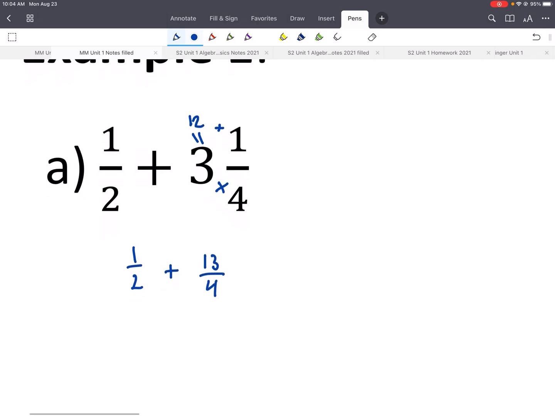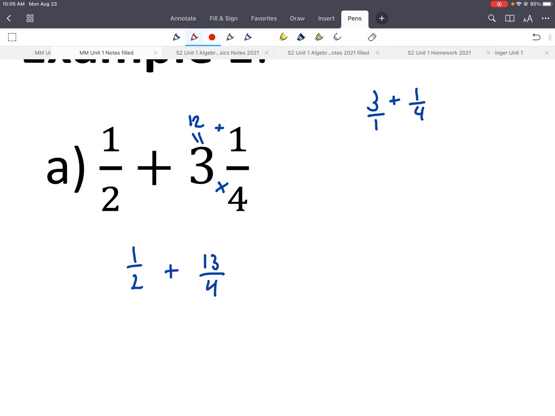Well, really 3 1/4, the 3 is the same as 3 plus 1/4. And if we wanted to add those together, we would need to have a common denominator. But wait, Mr. Warner, the 3 isn't a fraction? That's true, but we can always write a whole number as a fraction by putting a 1 underneath. So 3 is the same as 3/1.